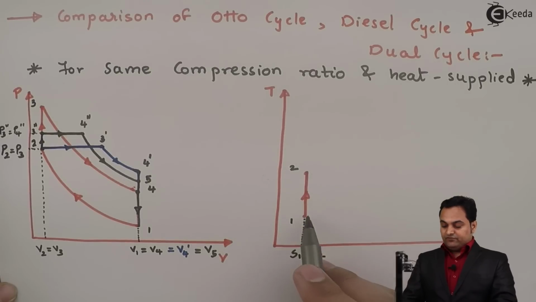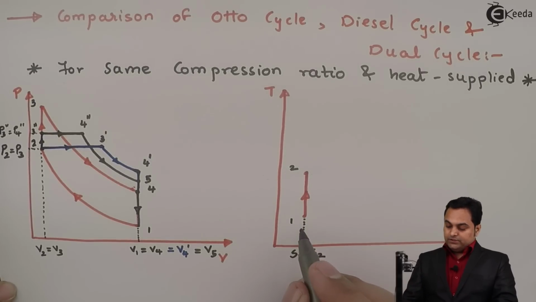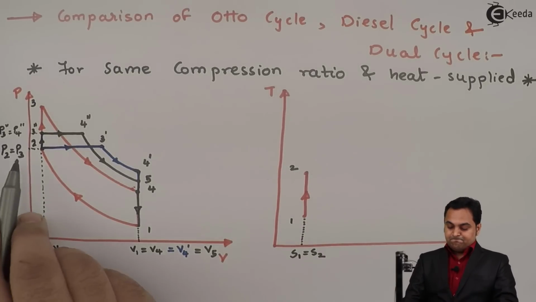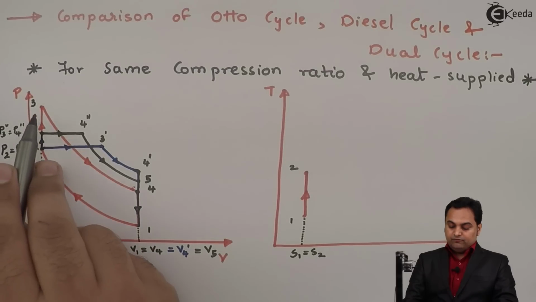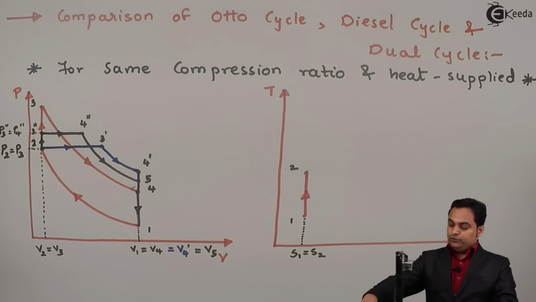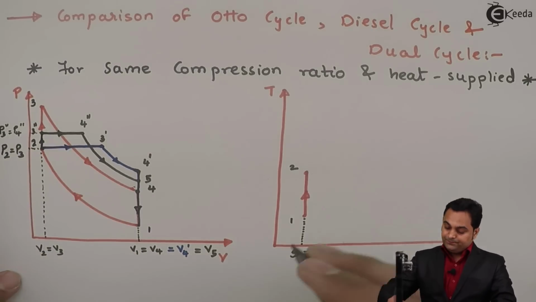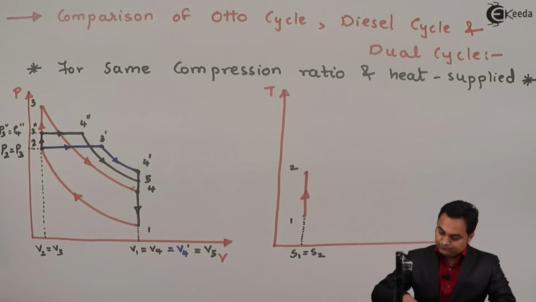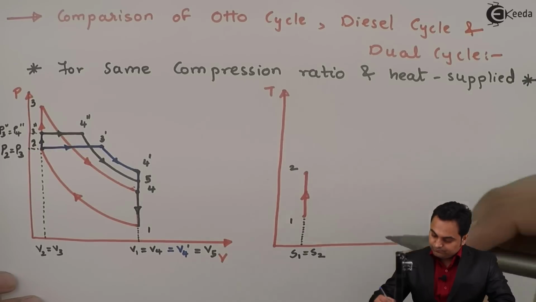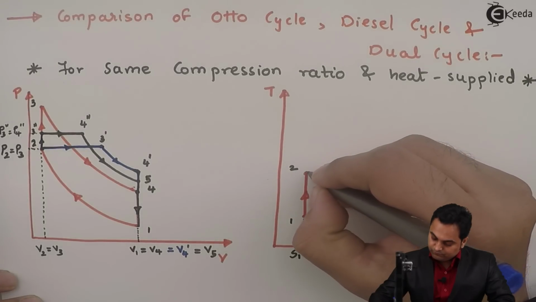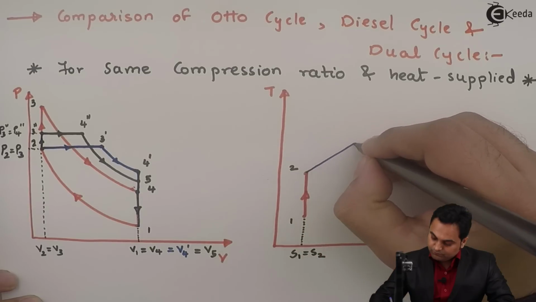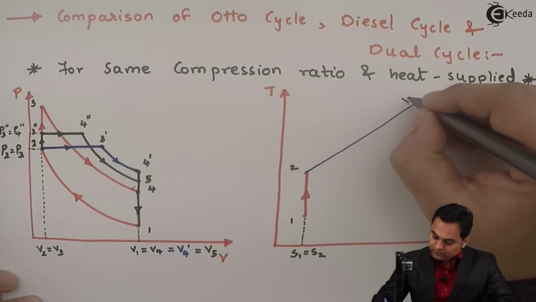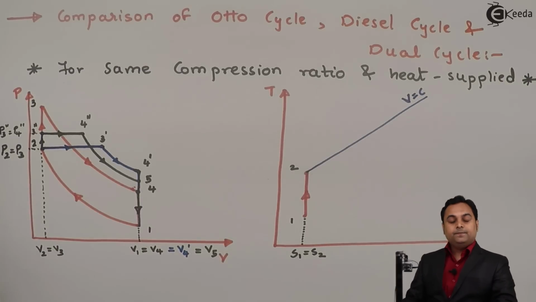Next, after isentropic compression, we have constant volume heat addition for Otto cycle. So here I am going to draw a constant volume line. This line here I am writing V is equal to C, that is the volume will be constant on this line.